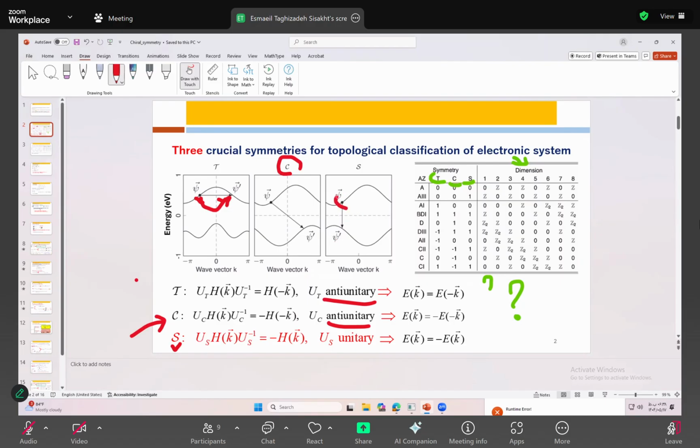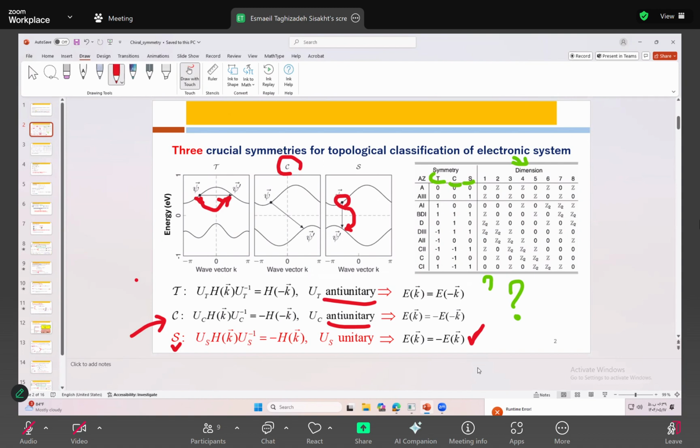So if a system has a chiral symmetry, then if we have a positive energy E in the spectrum, we equivalently have the minus energy in the spectrum.